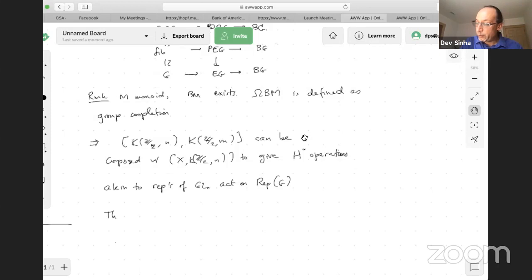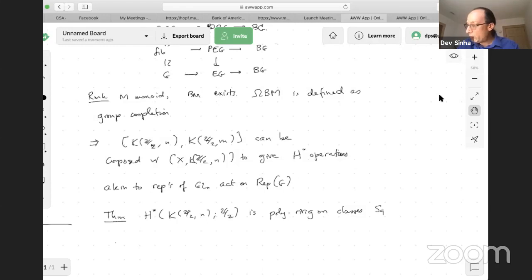And then let's recall the theorem, and I'm not going to prove this this time for sure, but I just want to, by way of contrast with what we're going to get at, state that the cohomology of K(Z/2, n) mod 2 is actually a polynomial ring on classes that are these basic Steenrod operations composed on the fundamental class, where I ranges over admissible operations.